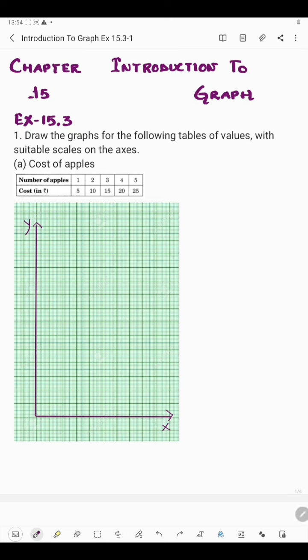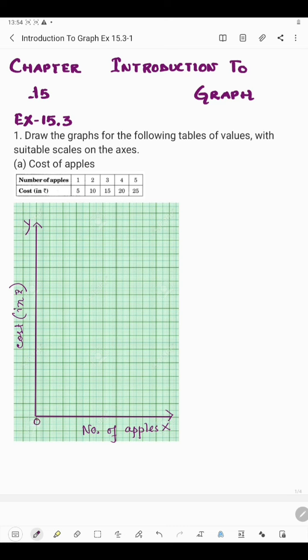Now we are measuring number of apples on the x-axis and cost on the y-axis. Cost is measured in rupees. Now both the axes meet at point O.